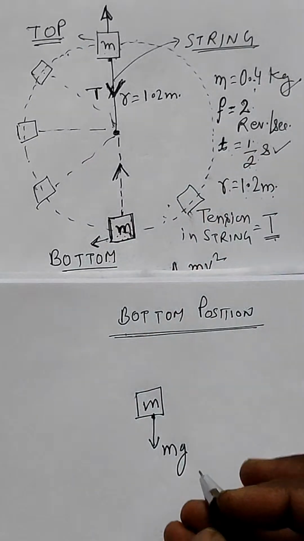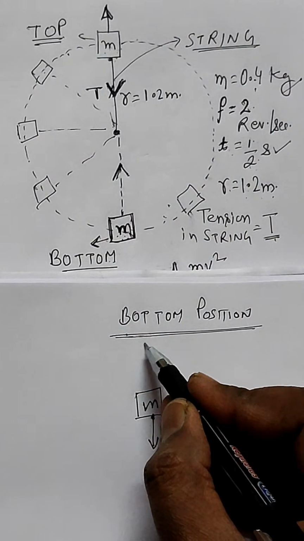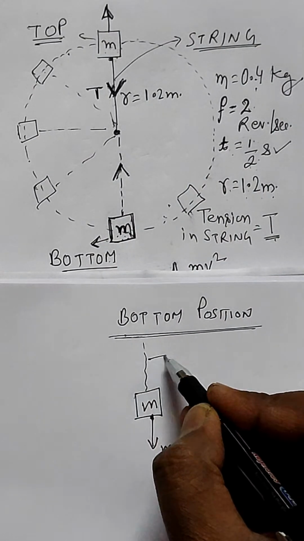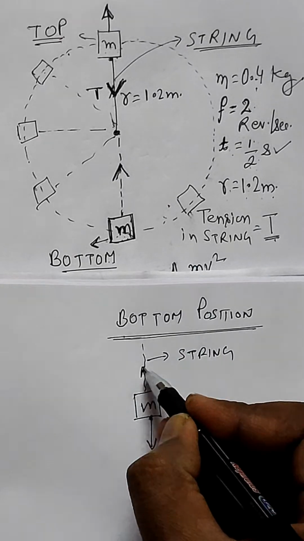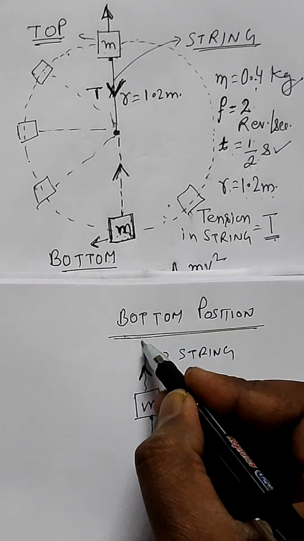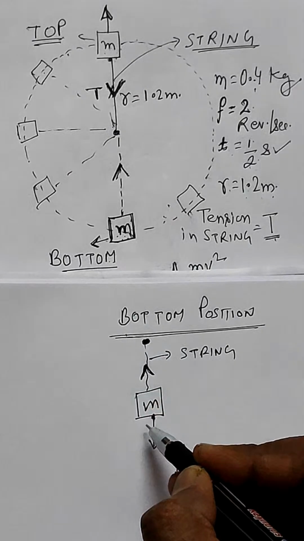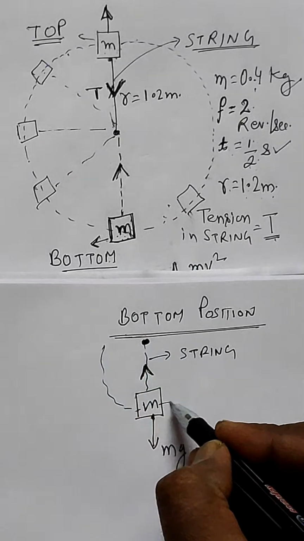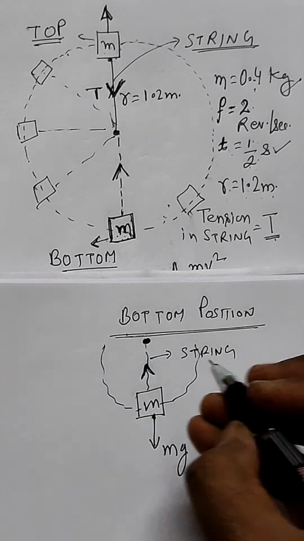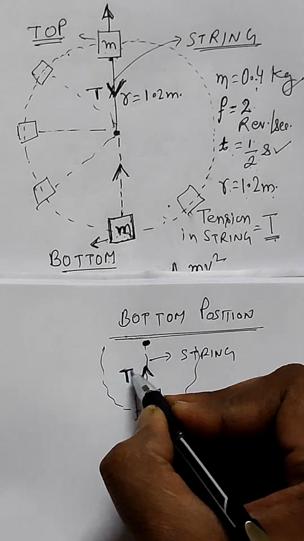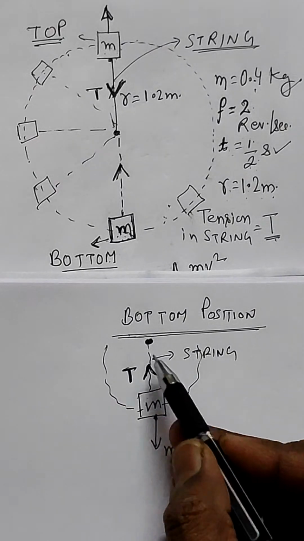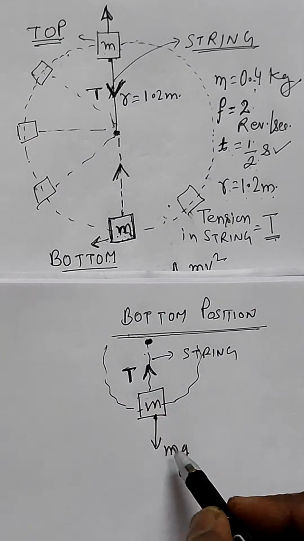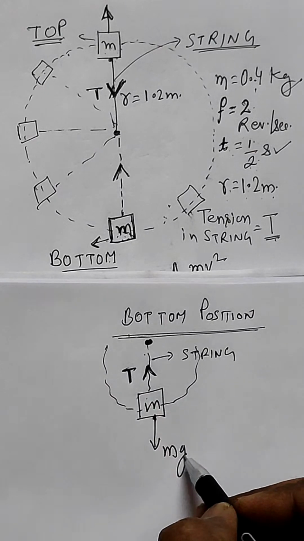If this is the string, the tension will be acting in this string because you are holding it somewhere from here, and this is in rotation. So this will be T, the tension in the string, and this will be the weight acting downward.